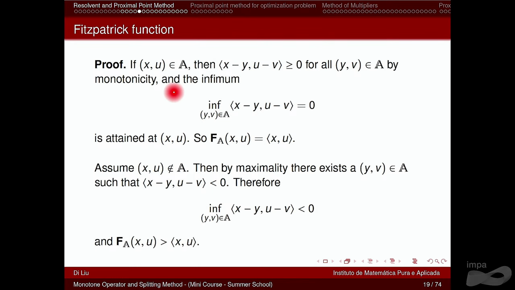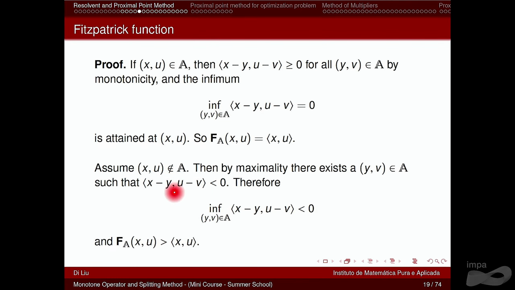So if (x,u) belongs to A, we have this identity. Second, we assume (x,u) does not belong to A. Here we need to use maximality. Since it does not belong to A, we can find a pair (y,v) such that monotonicity is not satisfied anymore. If it were satisfied, it would conflict with the assumption that (x,u) does not belong to A.